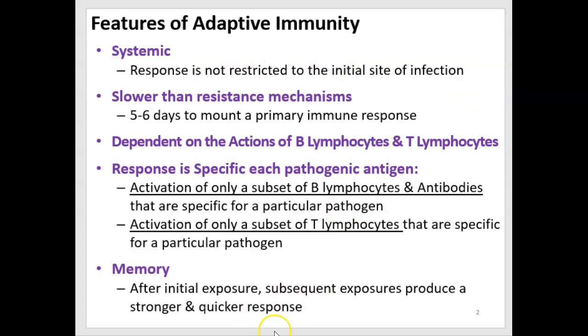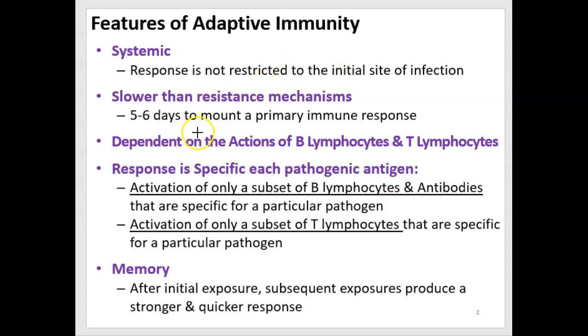Now, when adaptive immunity kicks in after exposure to a pathogen, the response is slow. It's slower, at least, than resistance mechanisms. Mechanisms that involve things like barriers, chemicals, and the encounter of neutrophils and pathogenic organisms, just involving phagocytosis, is pretty quick.